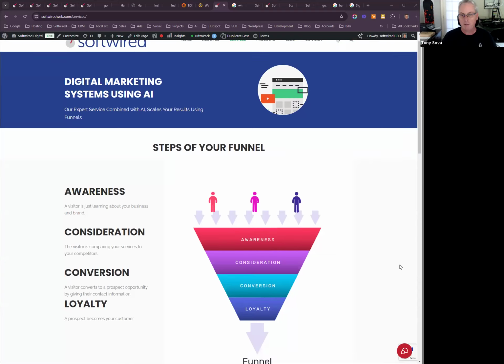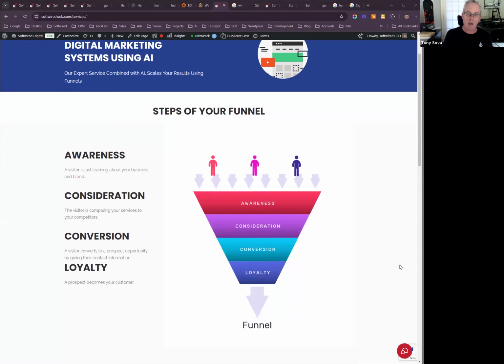So, steps of the sales funnel. Awareness. There are different stages of the funnel. It's primarily how we buy things. Awareness is when you're just becoming aware of something that you're looking to buy or you need to solve a problem.